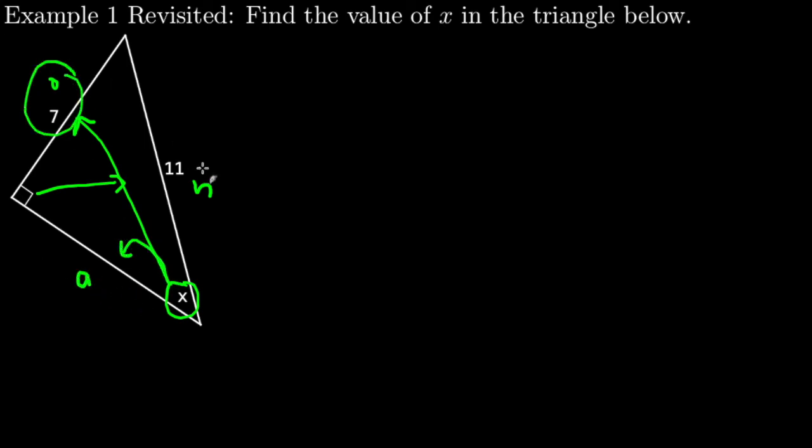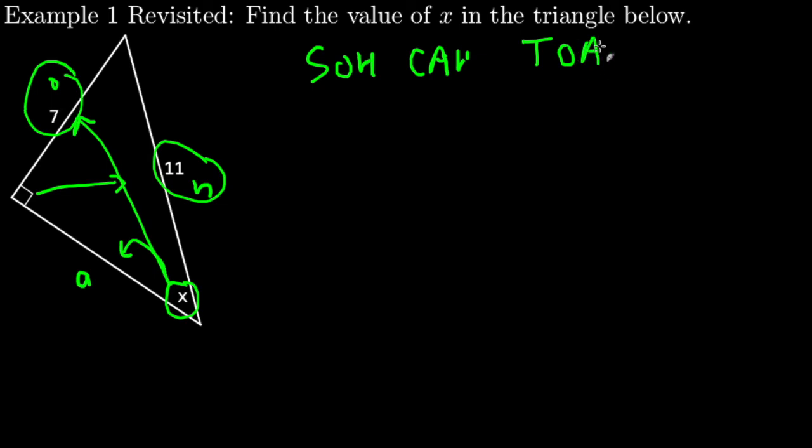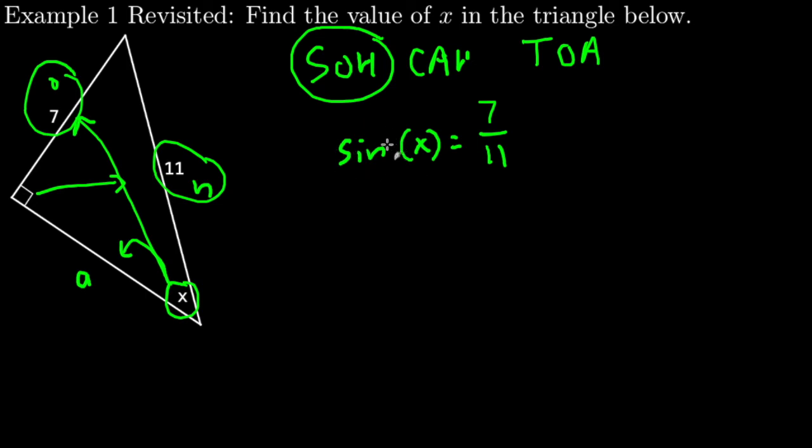I have the O, I have the H, so when I look at SOH CAH TOA, I know I'm looking for the O and the H. That means that my equation will be sine of my angle x equals opposite over hypotenuse. The opposite is 7, the hypotenuse is 11. Now, to get rid of the sine, I just use inverse sine. So if the sine of x is this, then x will be the inverse sine of this.